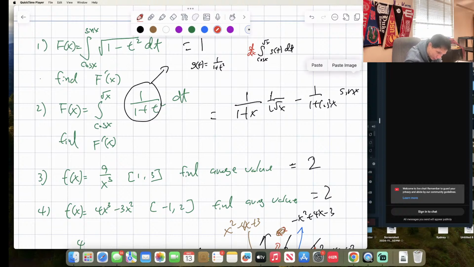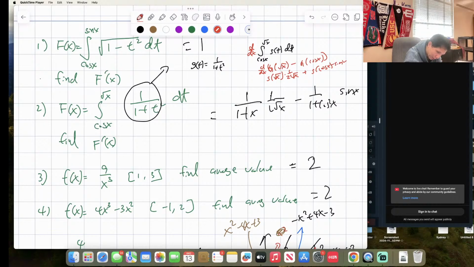If I take the integral, it's g of cosine of x minus g of square root of x. Now if I take the derivative after that, that's going to be g of square root of x times 1 over 2 root x, plus g of cosine of x times sine of x, negative.